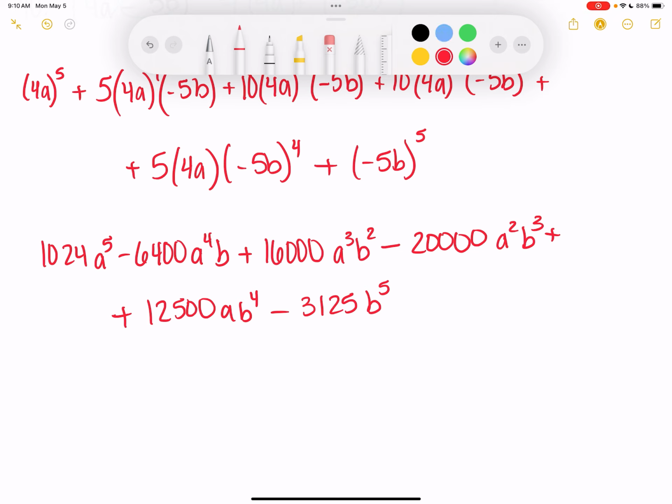All right, problems are 13, 17. Those are the two where you're just finding the coefficient.